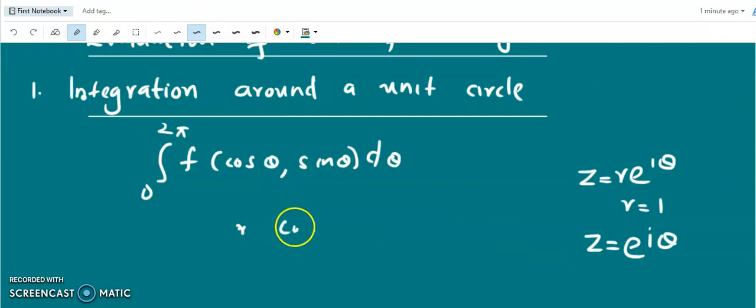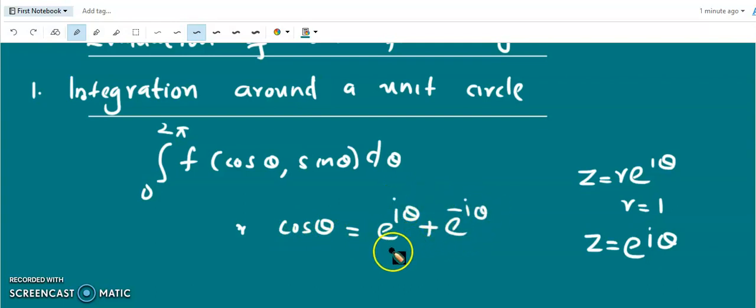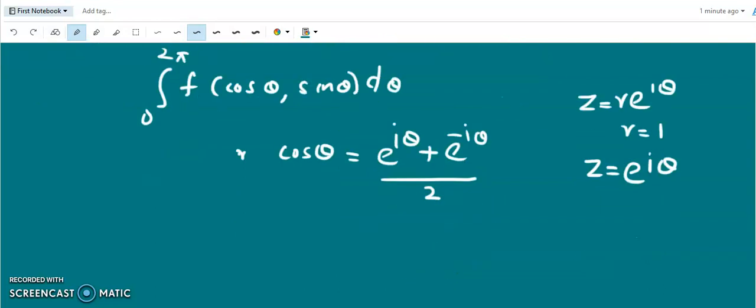So we know that cos theta is written as e to the power i theta plus e to the power minus i theta divided by 2. So z equal to e to the power i theta, then z star is equal to e to the power minus i theta.